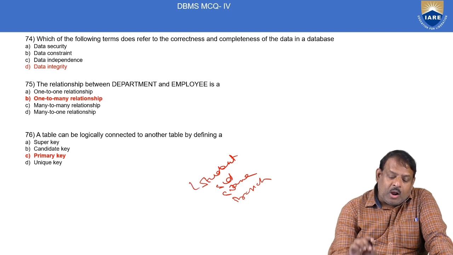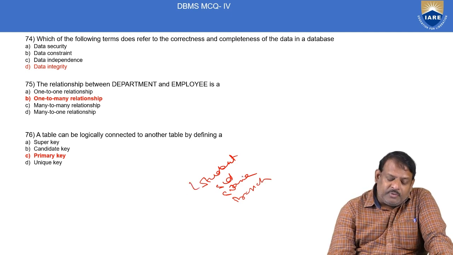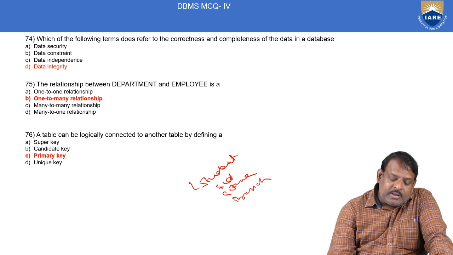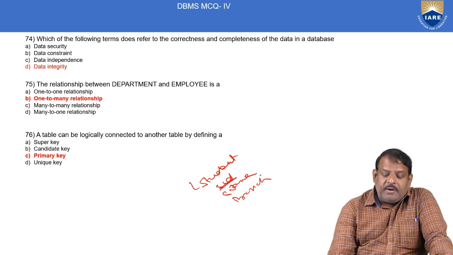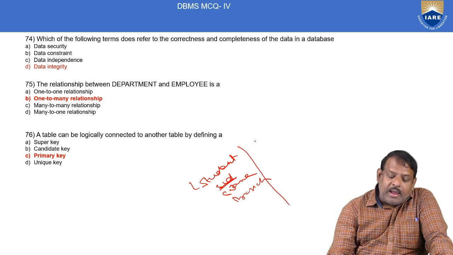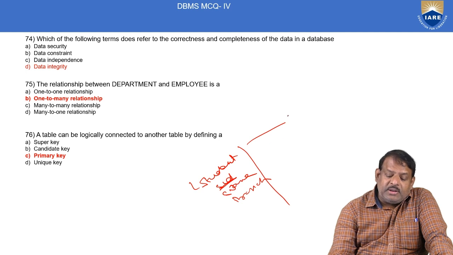Now, if you see the entity diagram, this is a master table. I can have n number of child tables. For example, I have a library table and a marks table.